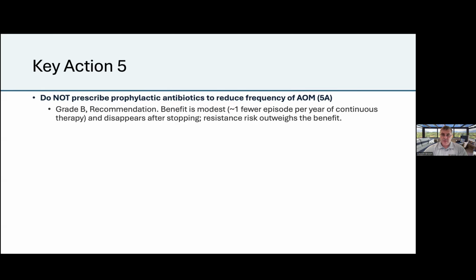The risk and severity of side effects, and the possibility of drug-resistant infections, goes up significantly with the use of prophylactics. So for the committee that put out the recommendations, the risks outweigh the benefit.